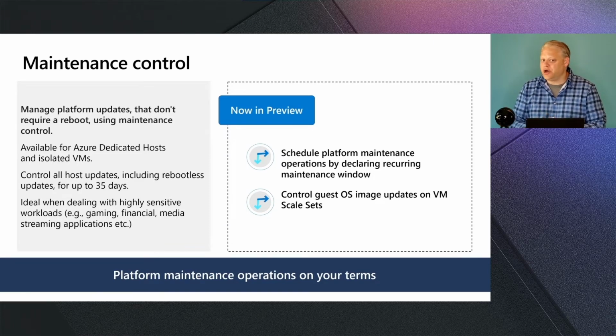And so this gives you much more control of when updates are done to the infrastructure layer, the parts of running software that Microsoft Azure provides, or the software layer of your guest virtual machine. And as we go forward, we will continue to add into this maintenance control functionality to give you more control on when any kind of updates are being applied to both virtual machines and then later other services within Azure.